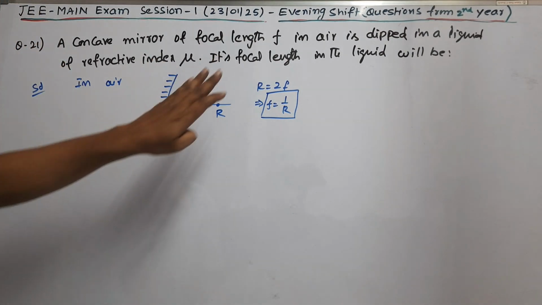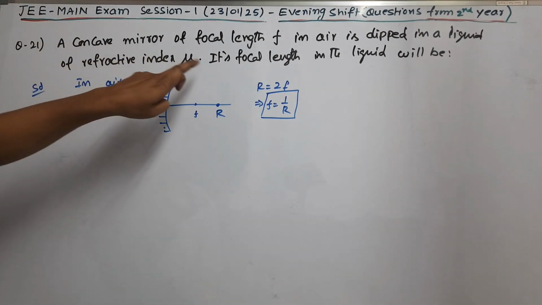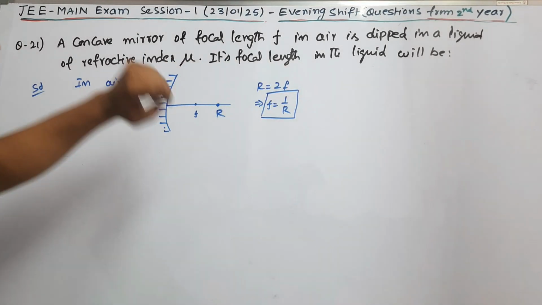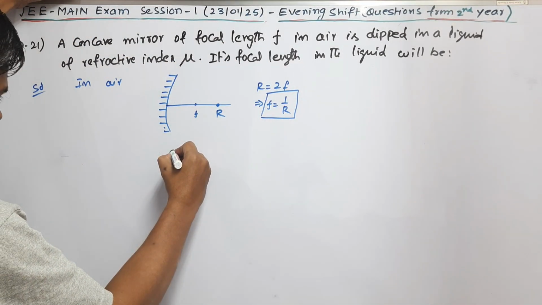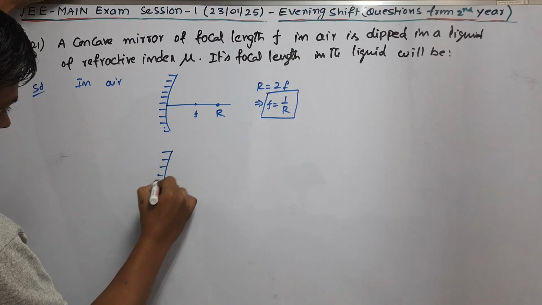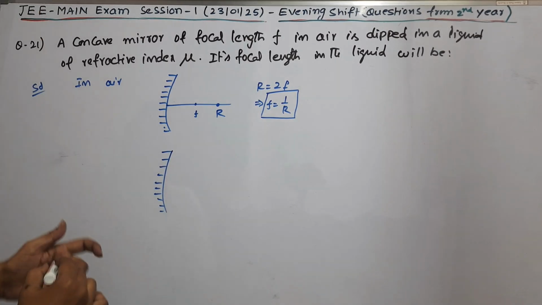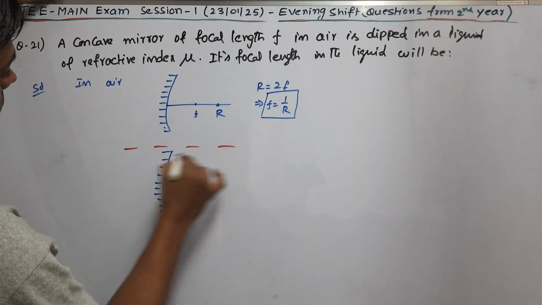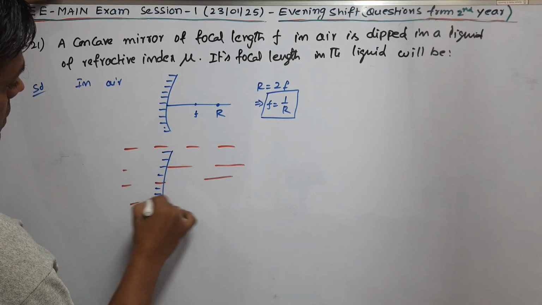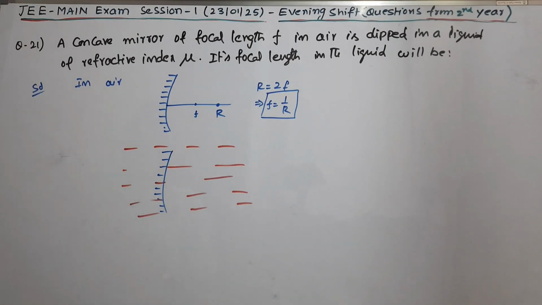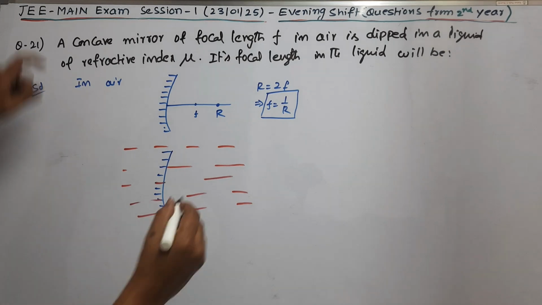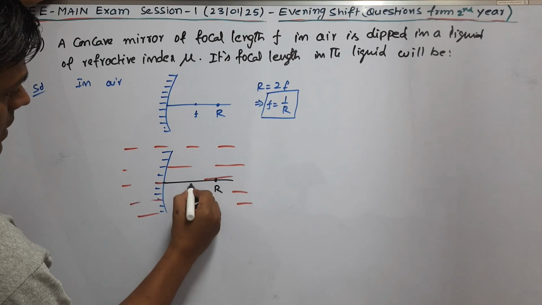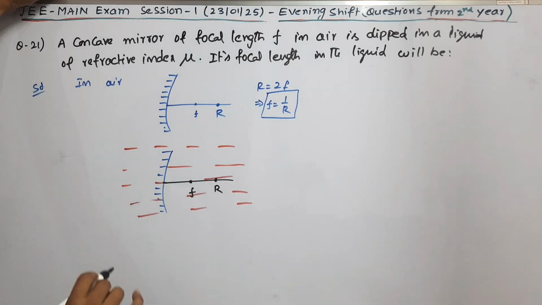Next, what happened? The same concave mirror is dipped in liquid. Suppose the same concave mirror is now kept inside water. Even when it is kept inside water, its radius of curvature does not change, so its focal length also does not change.